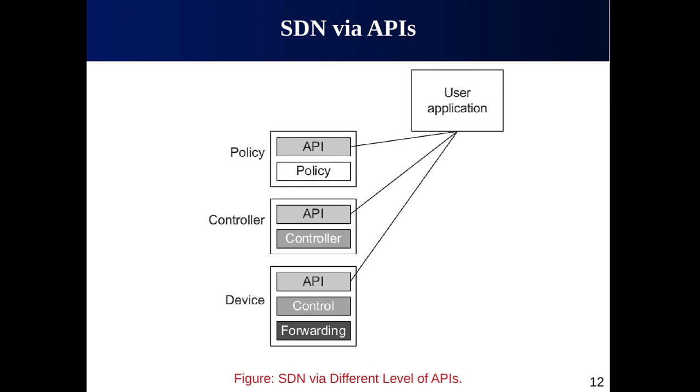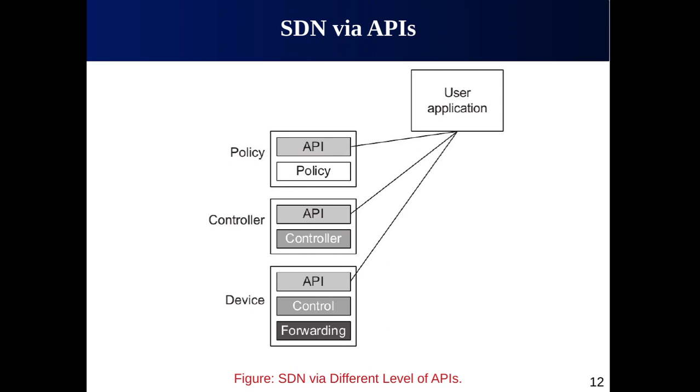Okay, so the key functional improvements from using the SDN approach are programmability and centralized control. Programmability provides the opportunity for applications to be written in order to automate processes and to provide a level of dynamic control.